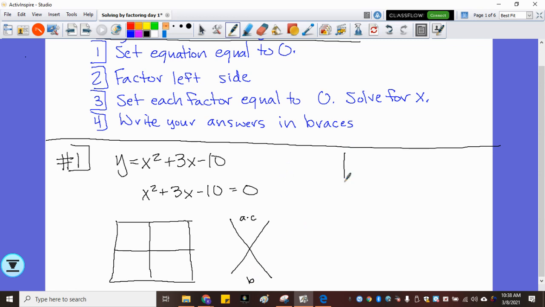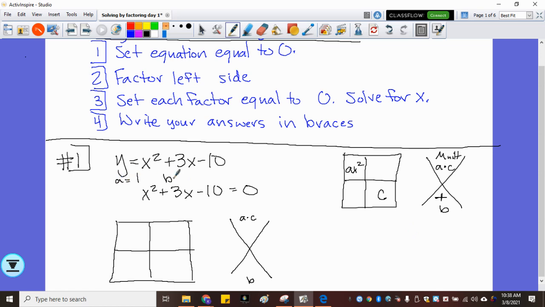I'm going to do this up here too, so you remember. Remember, ax squared goes in your first box, c goes in your last. One multiplies to a times c and adds to b. So in this situation, a is 1, b is 3, c is negative 10.